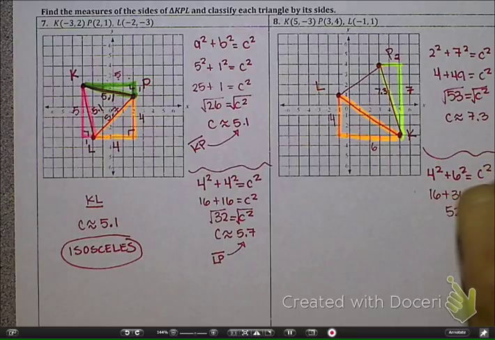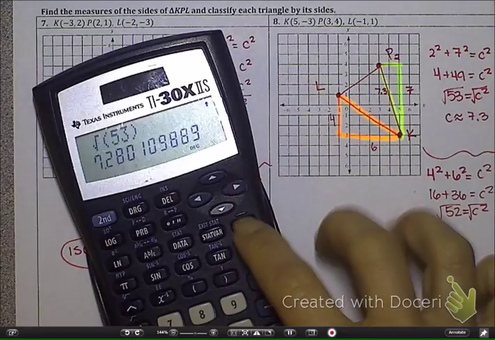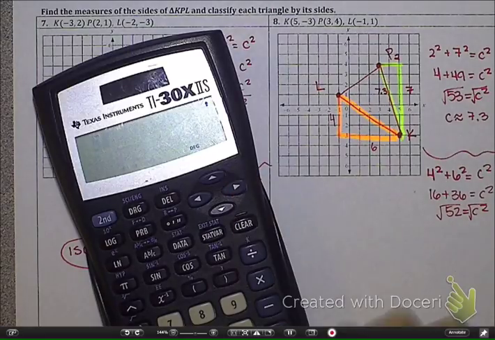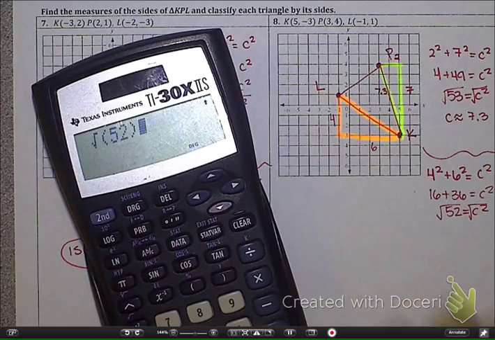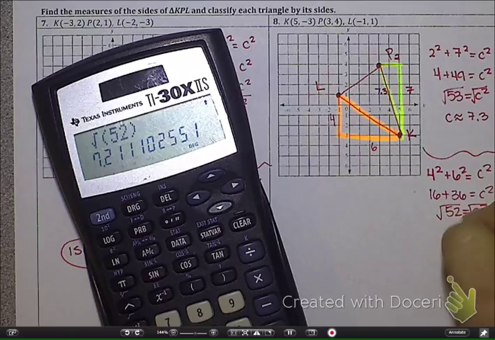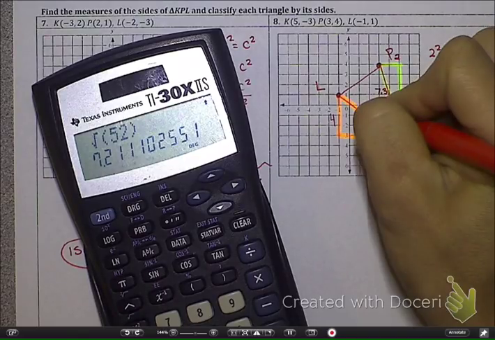Now, this is very close, but is it the same number that I got above? No. Okay, so are those two sides going to be congruent? I'm just going to go ahead and figure out what the approximation is, just so I have a kind of idea. Okay, so this side over here is 7.2.